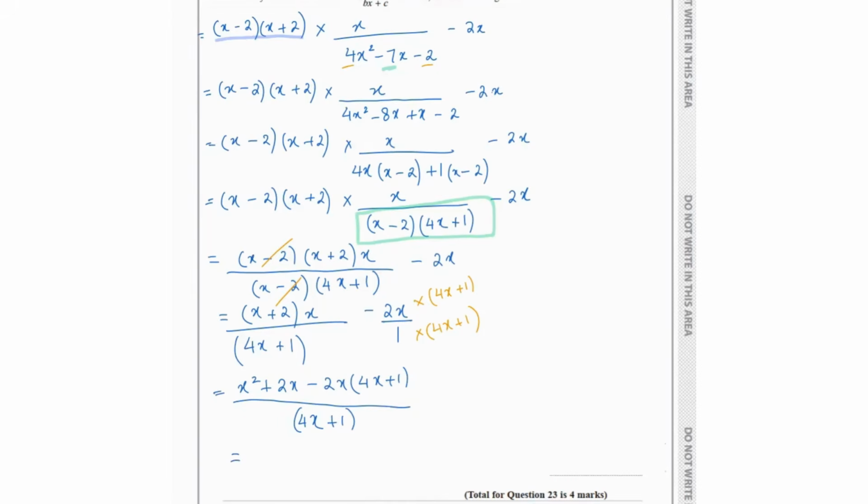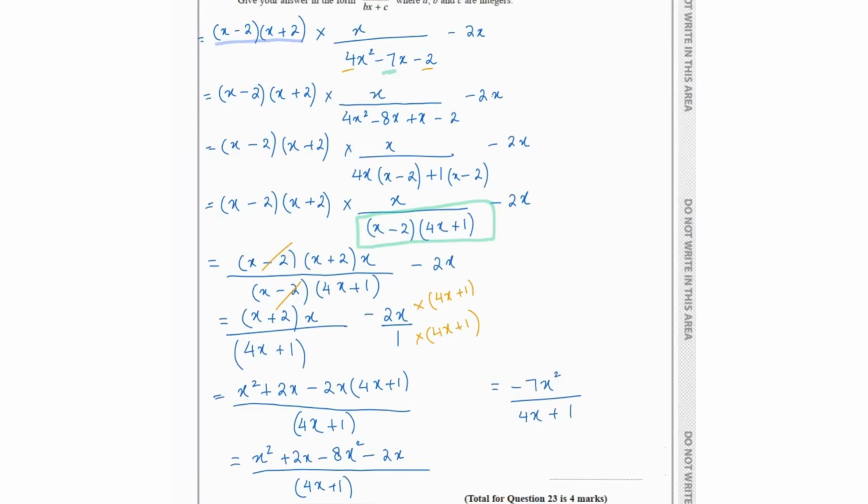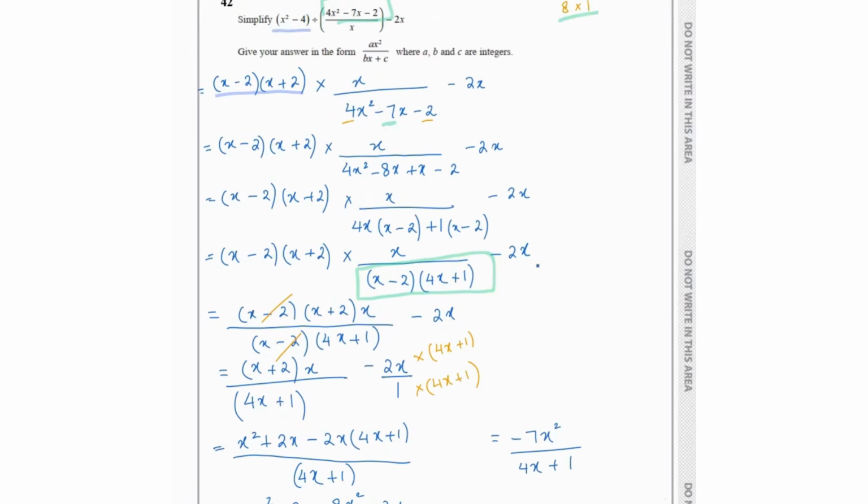Expand the bracket and collect the like terms. So we have negative 7x squared over 4x plus 1. So a is negative 7, b is 4, and c is 1. That is your answer.